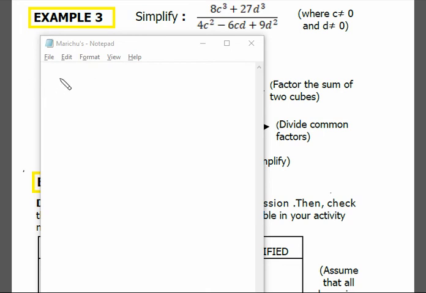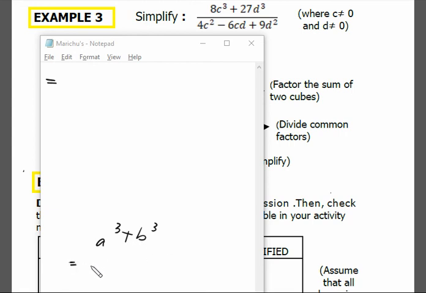Now, let me copy first. Let's transform this in such a way that we can apply the special product. Let me write it out here. The special product, recall a cubed plus b cubed, or the sum of two perfect cubes. What are the factors of this sum of two perfect cubes?